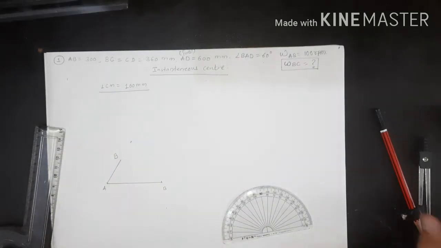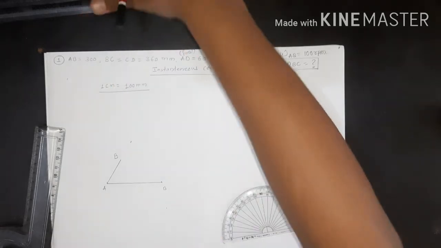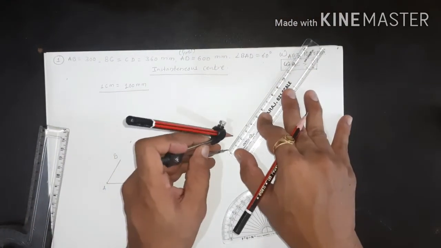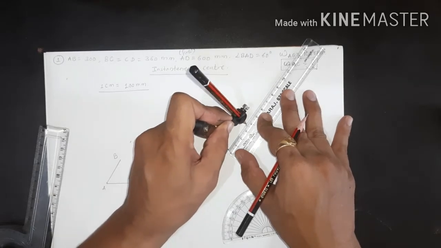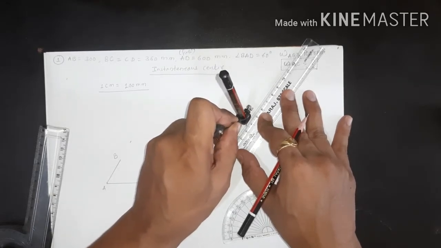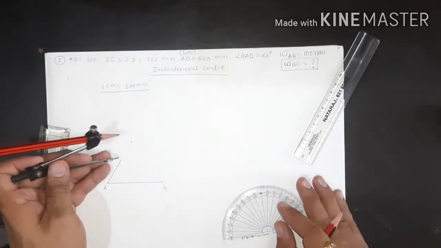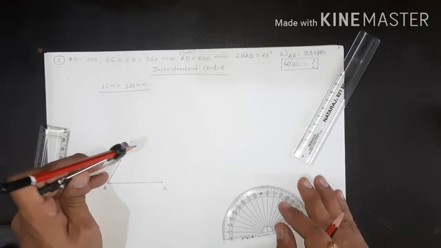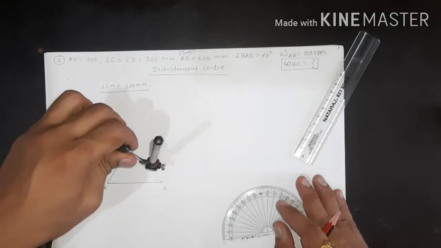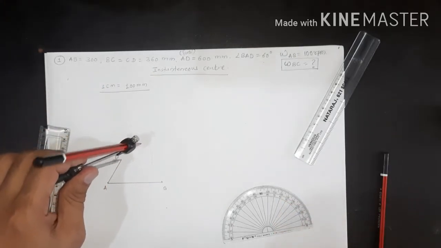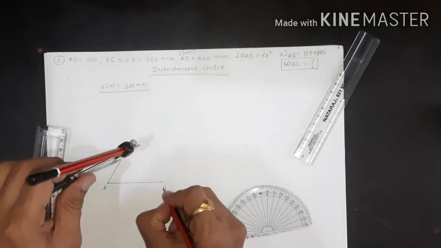Now BC is equal to CD is equal to 360 mm. So I'll take the dimension of 3.6 centimeter, right? So from B, I will draw an arc for marking the point C, right? From C, this is point D, I'm so sorry.